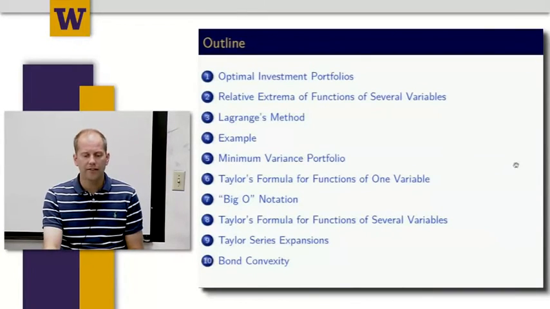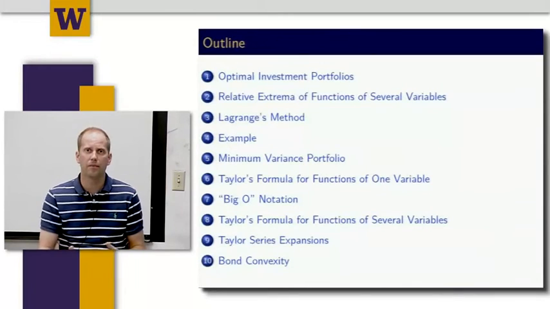Then in the second half of this week's lecture, I'm going to talk about Taylor's formula. First I'll start off just by going over Taylor's formula for a function of one variable. A lot of what we're interested in with Taylor's formulas is using this to make approximations of difficult functions using polynomials. A polynomial is generally considered a pretty easy function to work with.